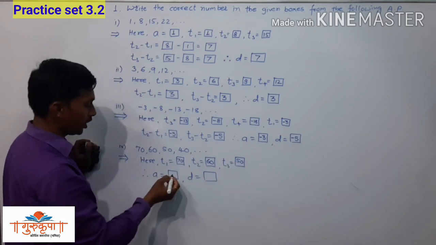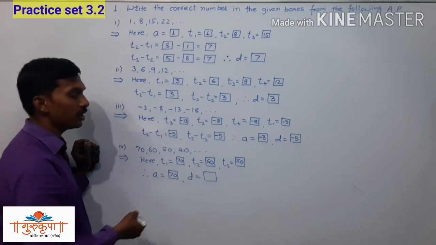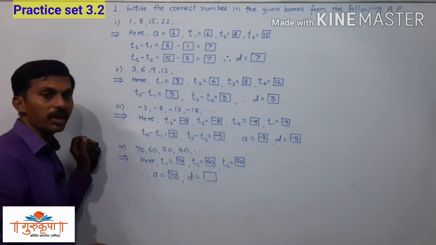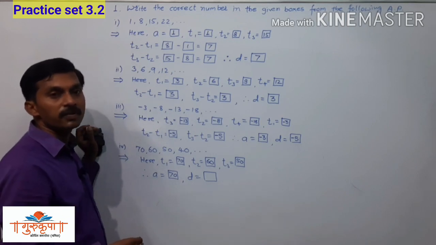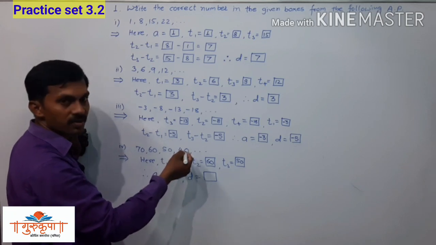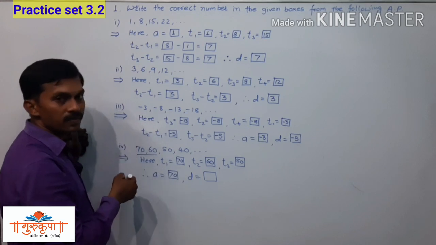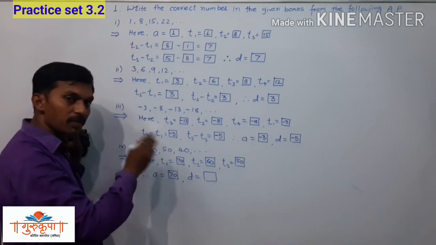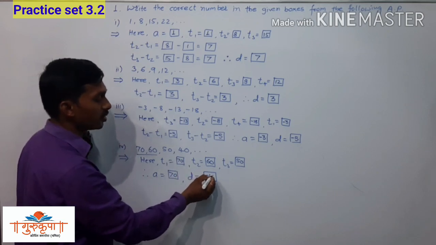Now here we have to write A, that is the first term, and it is 70. And here we have to write the common difference. As all of you know, common difference is nothing but the difference between two consecutive terms. You can take any two terms. Suppose you take these two terms. Now 60 minus 70, next term minus previous term, that is minus 10.